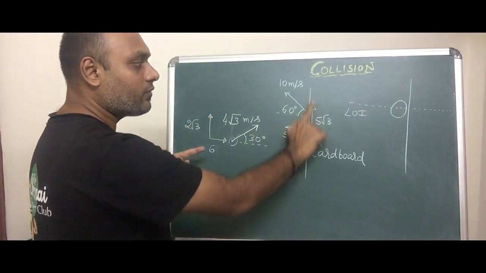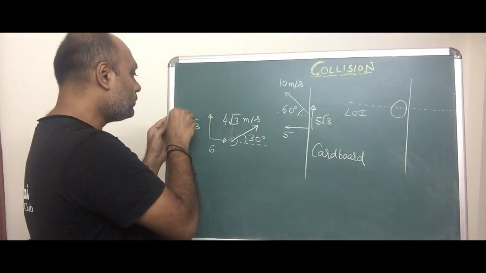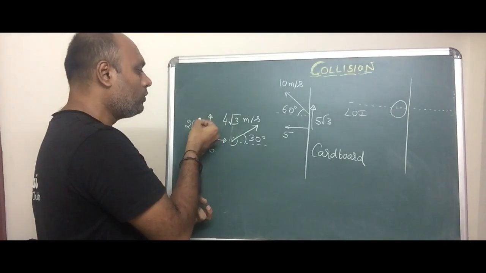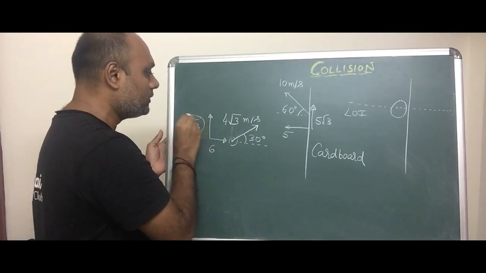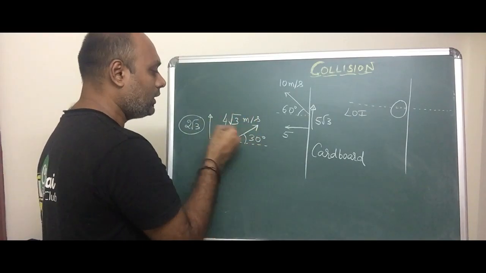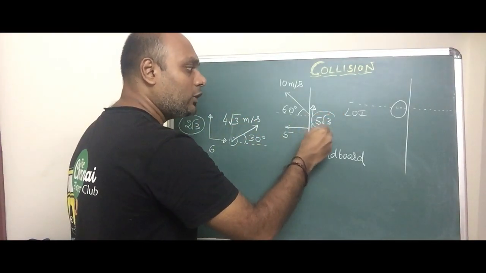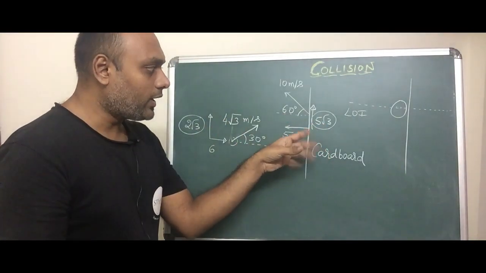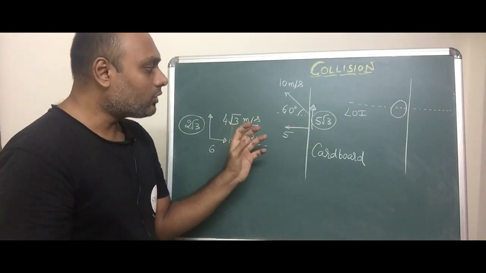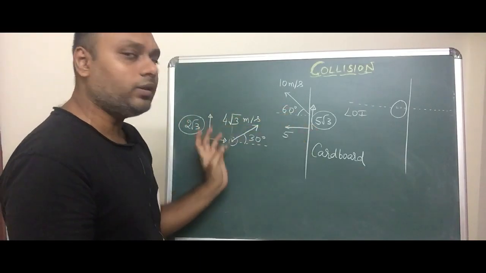In fact, whatever value you had, 2 root 3 being the value for 4 root 3 and 30 degree, those velocities which are perpendicular to the line of impact will never cause any approach between these two objects.